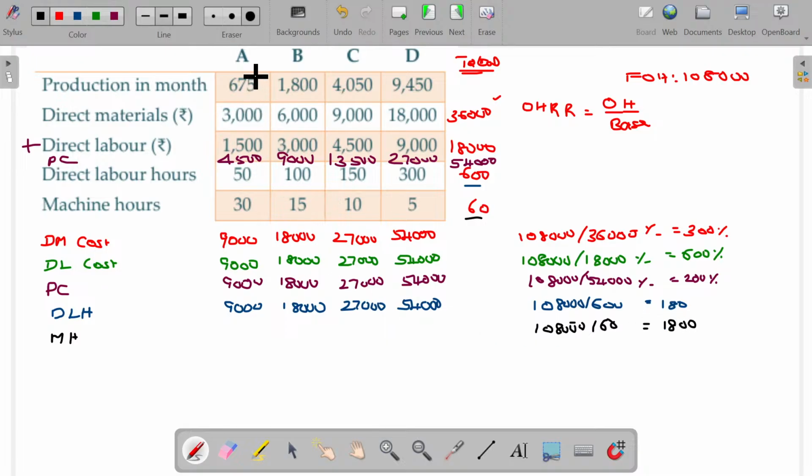The machine hours required for A department being 30 into 1,800, 54,000, and 15 into 1,800, 27,000, and 10 into 1,800, 18,000, 5 into 1,800, 9,000 will be the value. Hope you will now be able to understand all the 5 models. Last one model to be completed here.